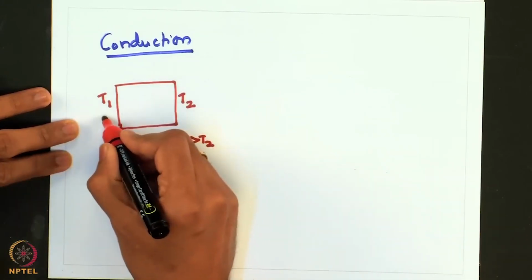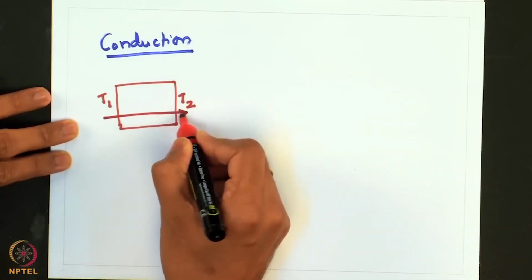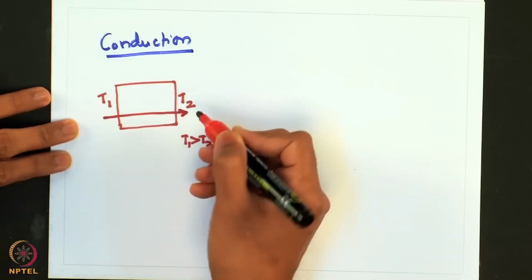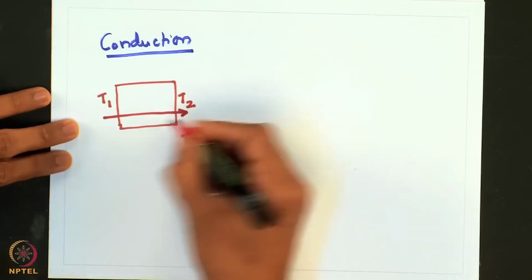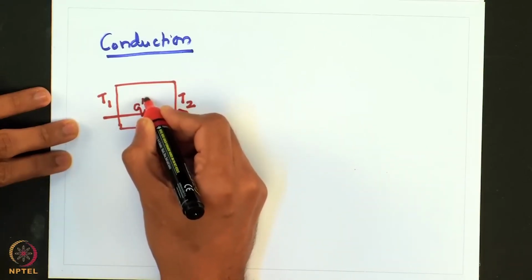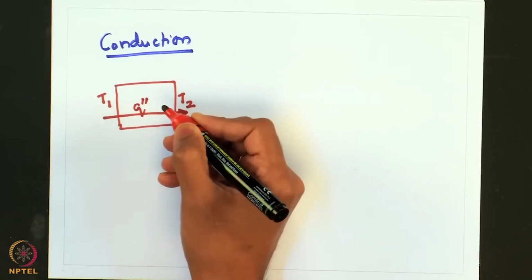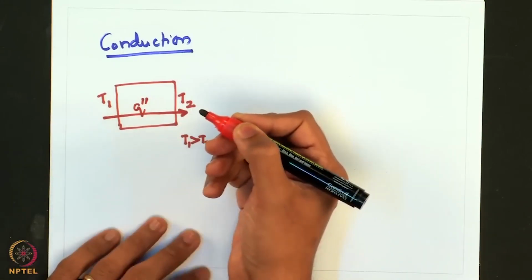Then the energy is transferred from this end of the slab to the other end of the wall, and let us say that the flux of heat that is transferred is given by q double prime.